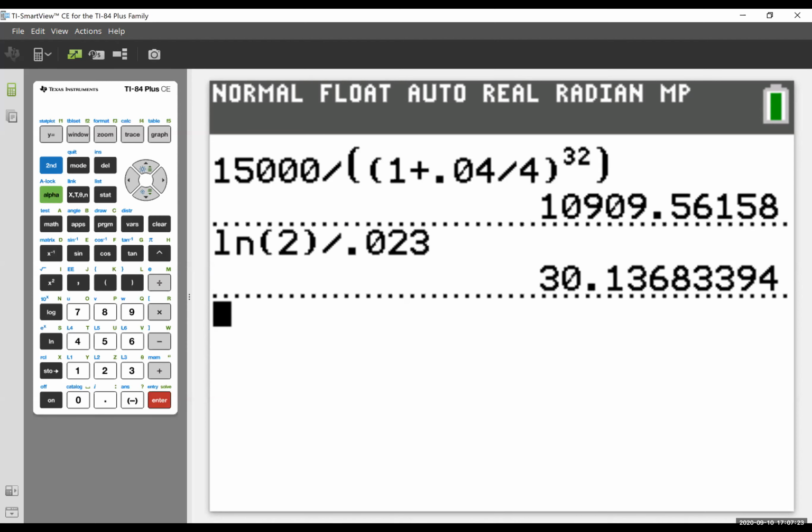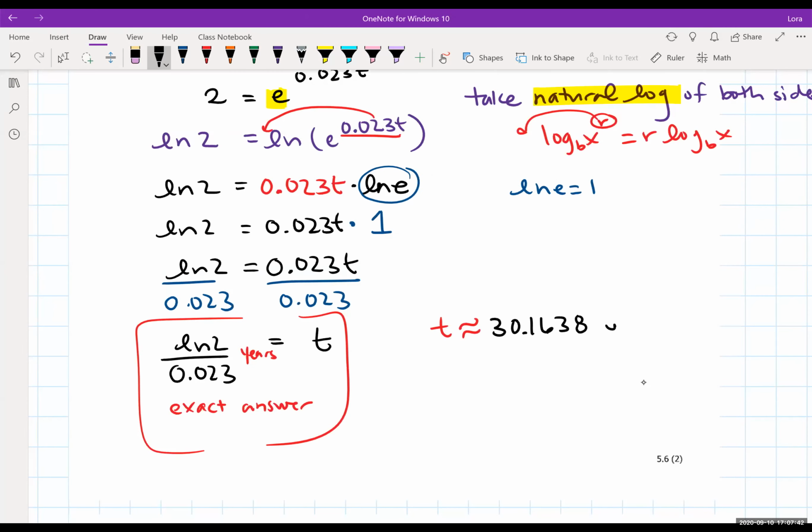I'll write it out for you. And actually, if we're approximating, let's just go with 4 decimal places, and then we'll go from there. So 30.1368 years.